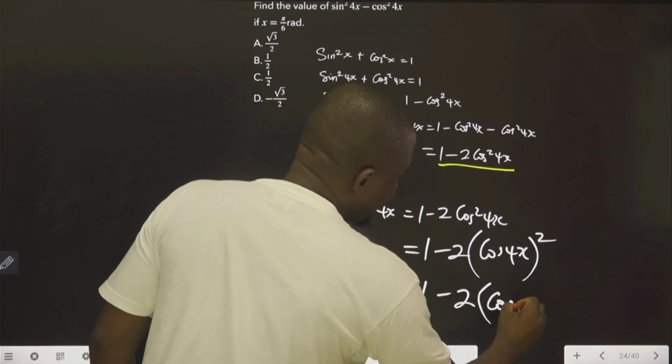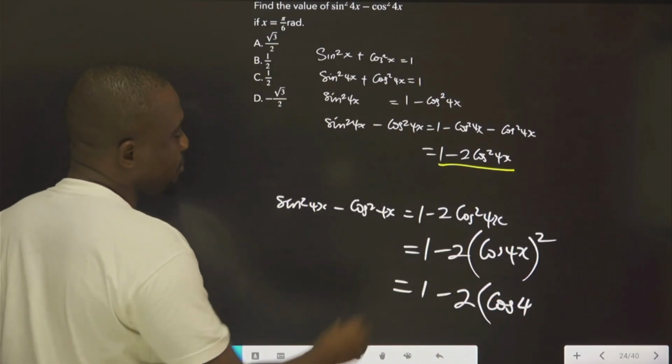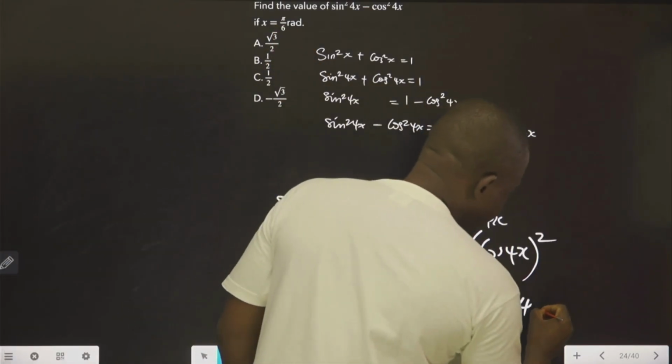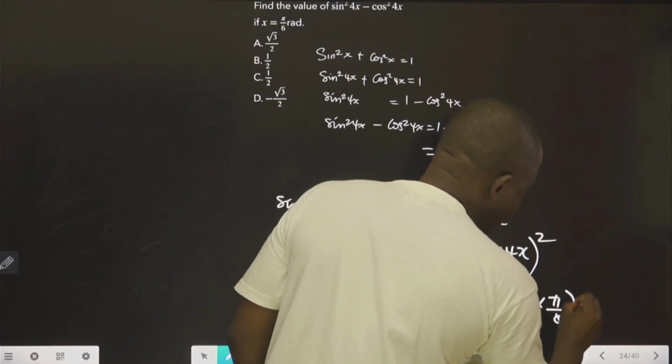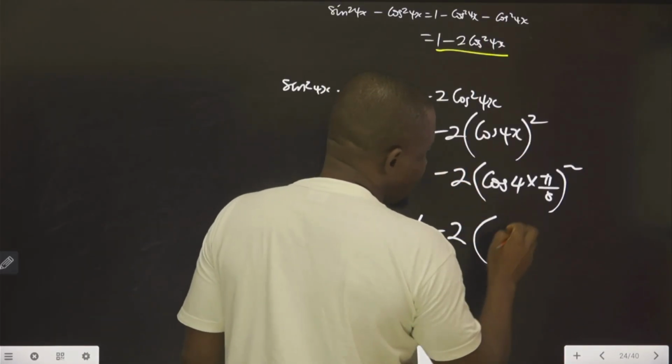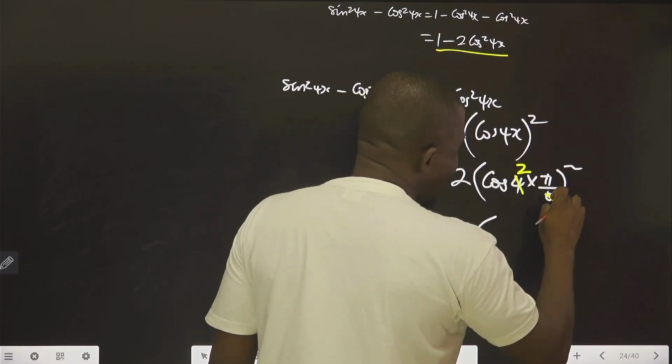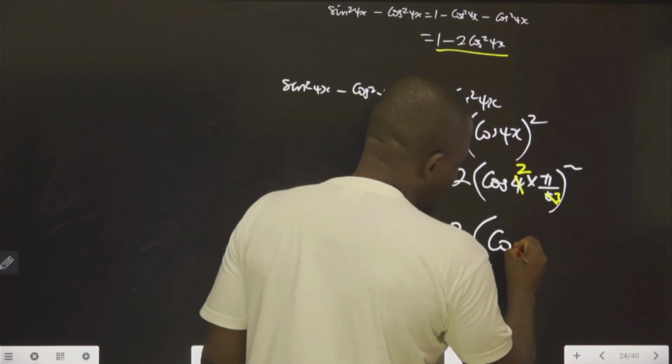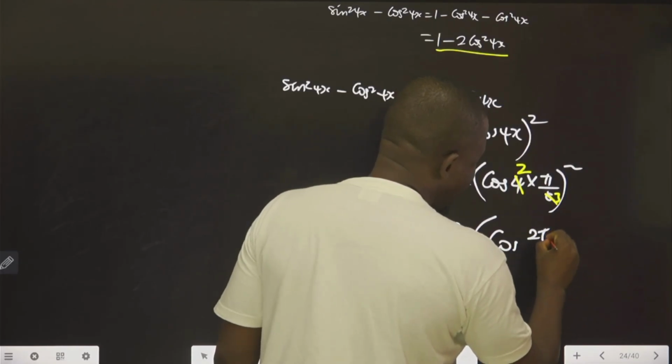Cos 4, in place of s, we have pi over 6 raised to power 2. Pi over 6. Here is 2, here is 3. That is cos 2 pi over 3.